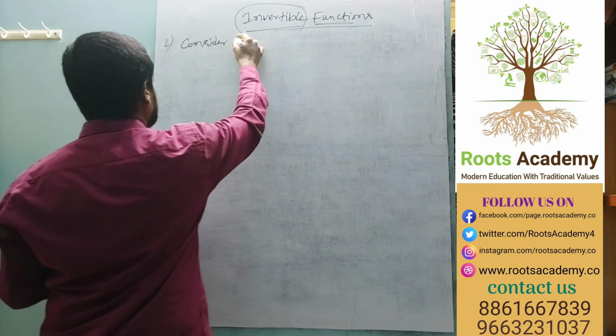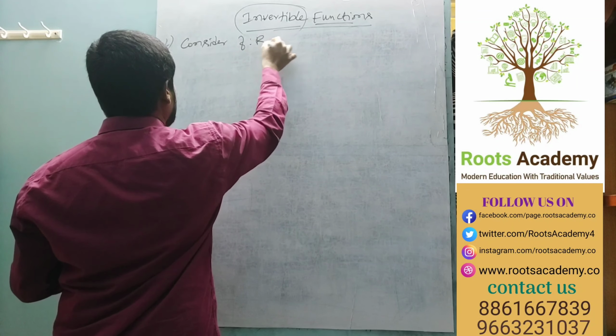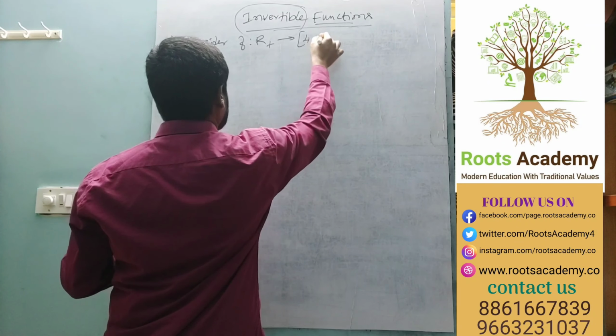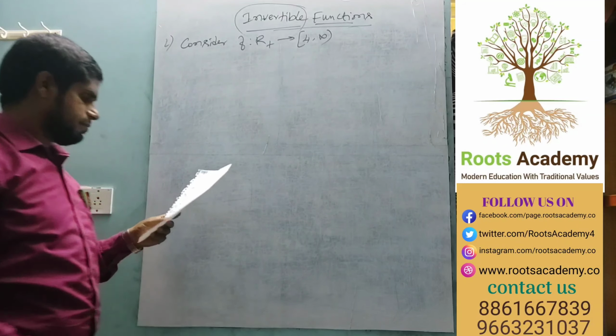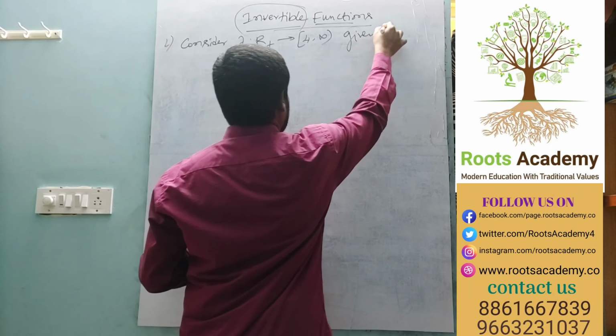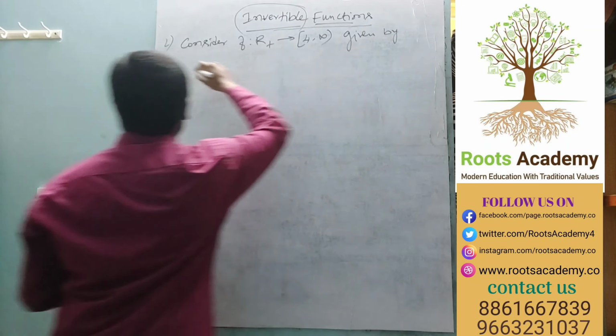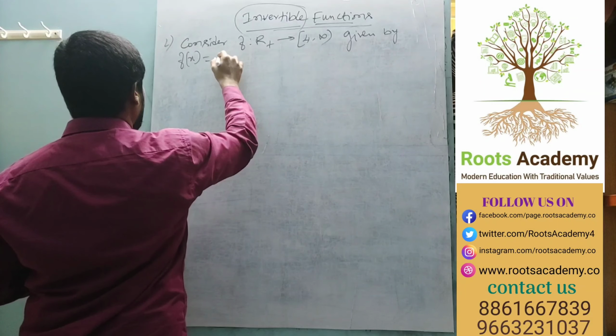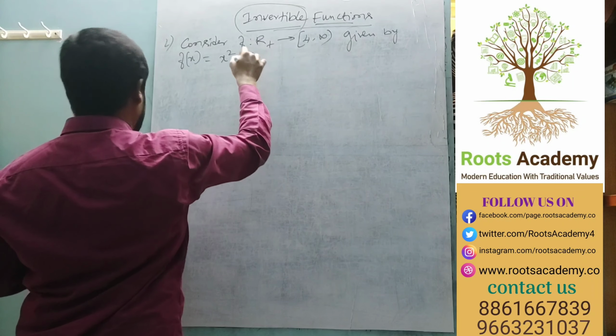Consider a function f from positive real numbers to the closed interval [4, infinity), given by f of x is equal to x square plus 4.